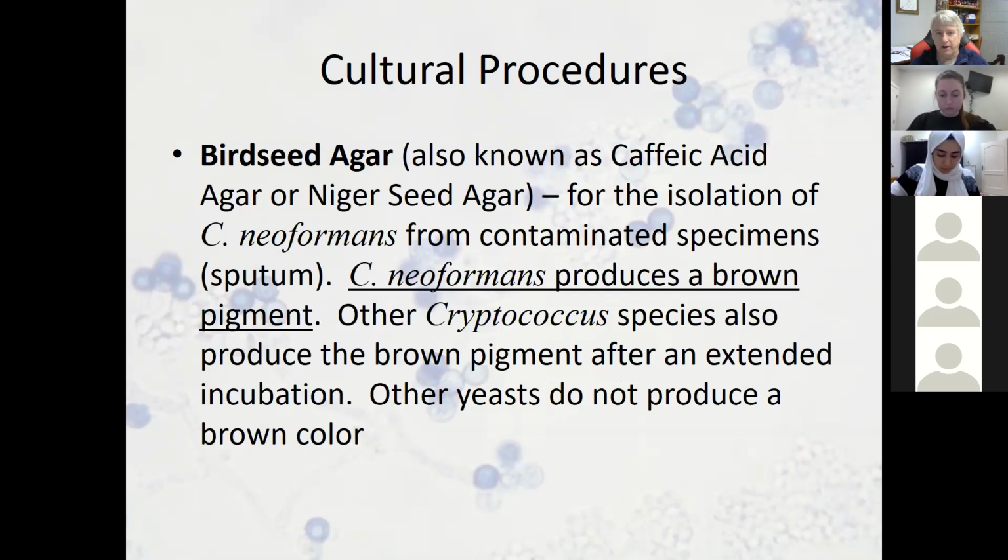Birdseed agar. I don't know if we've mentioned birdseed agar. I've never seen it, but it's also known as caffeic acid agar, Niger seed agar, and that is for isolation of Cryptococcus neoformans from a contaminated specimen of sputum, because a lot of times when you plate sputum out, we don't see what we want.